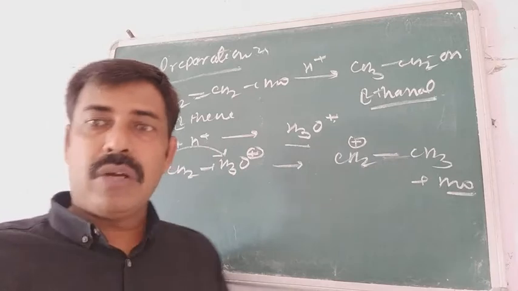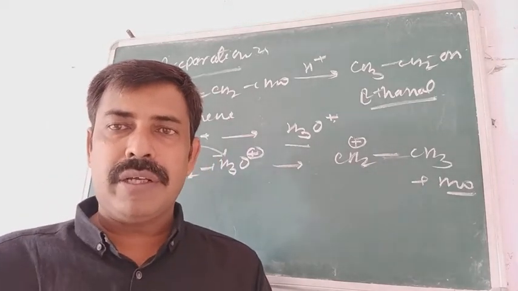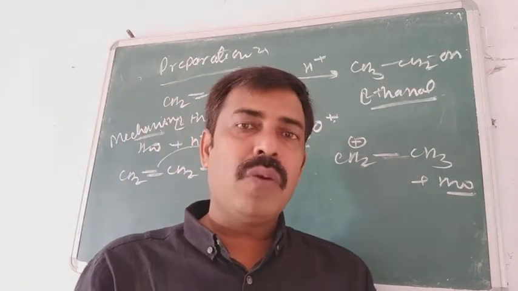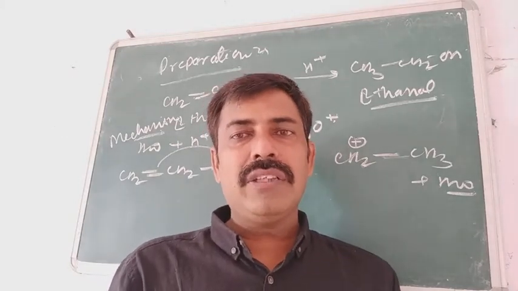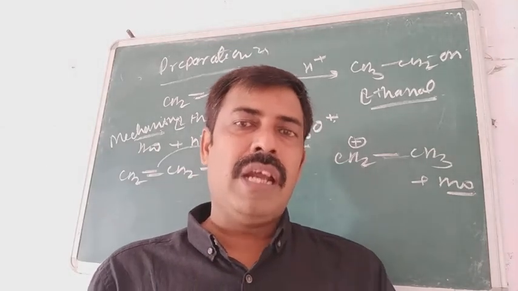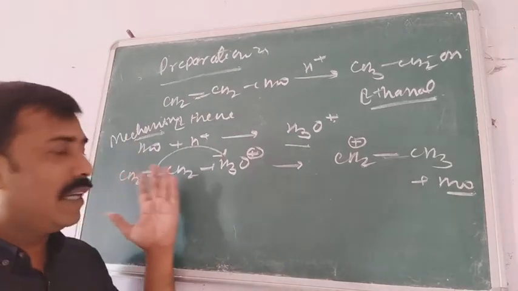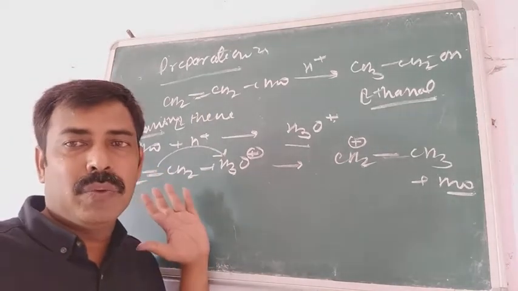You can ask why the hydronium ion is approaching, why not the hydroxyl ion? That can also approach, surely. Then why the hydronium ion? Actually, a cation will search for the negatively charged center and the anion will search for the cationic center. Whether there is any cationic center in the system, you can see that the system is perfectly neutral.